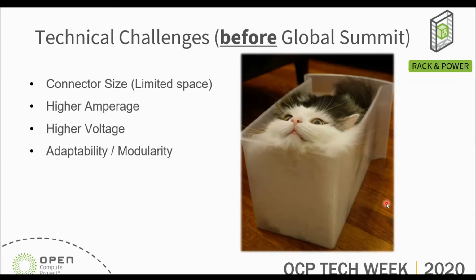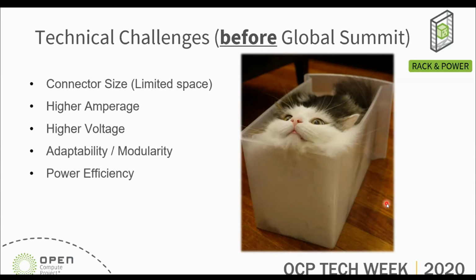Another thing was that when V2 was designed, the male side was a PCB and the female side was the crimp. We discussed a lot about how we could have some modularity and adaptability, how we can make the V3 connector more flexible.